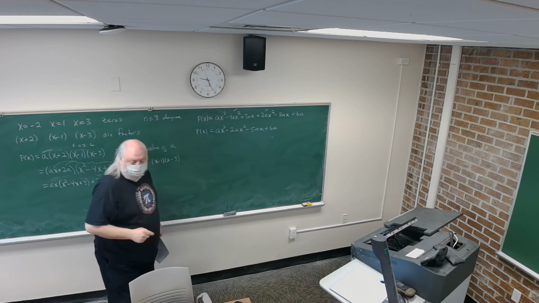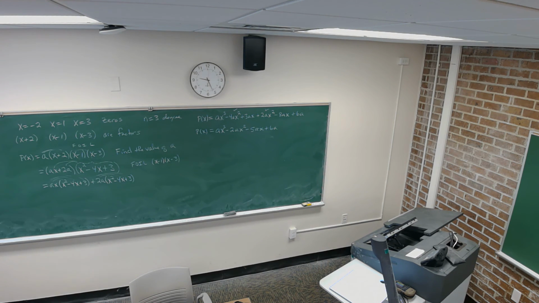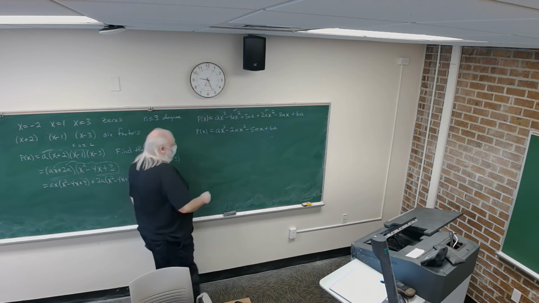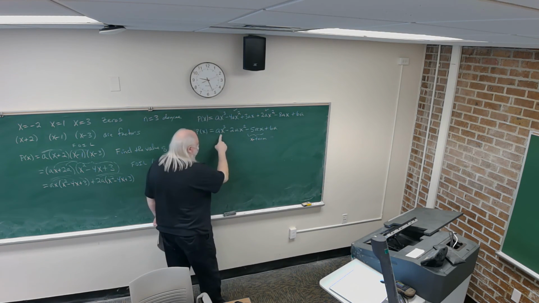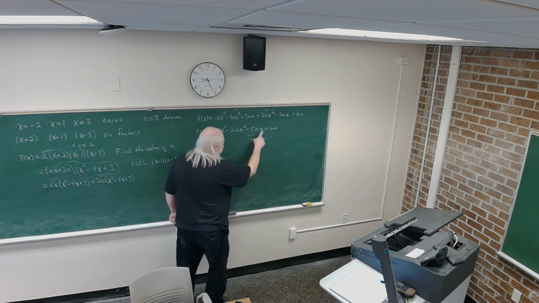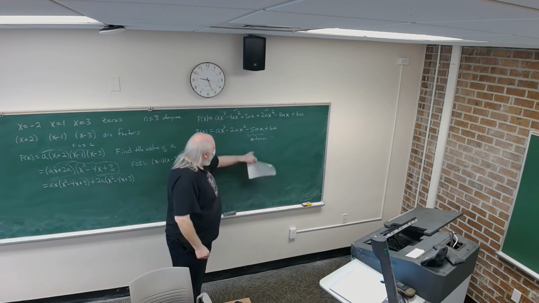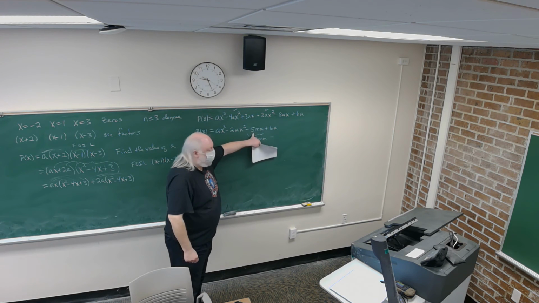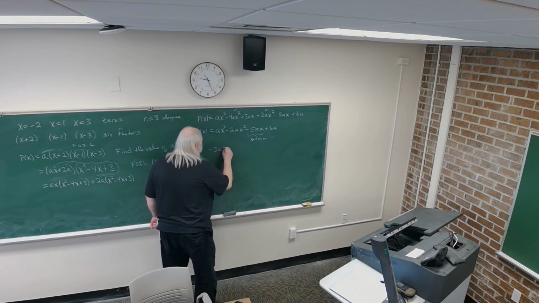Well, we're told the x term has coefficient 4. So this is the x cubed term, this is the x squared term, this is the x term, that's the constant term. What's the coefficient for the x term? Minus 5a. And that has to equal 4.